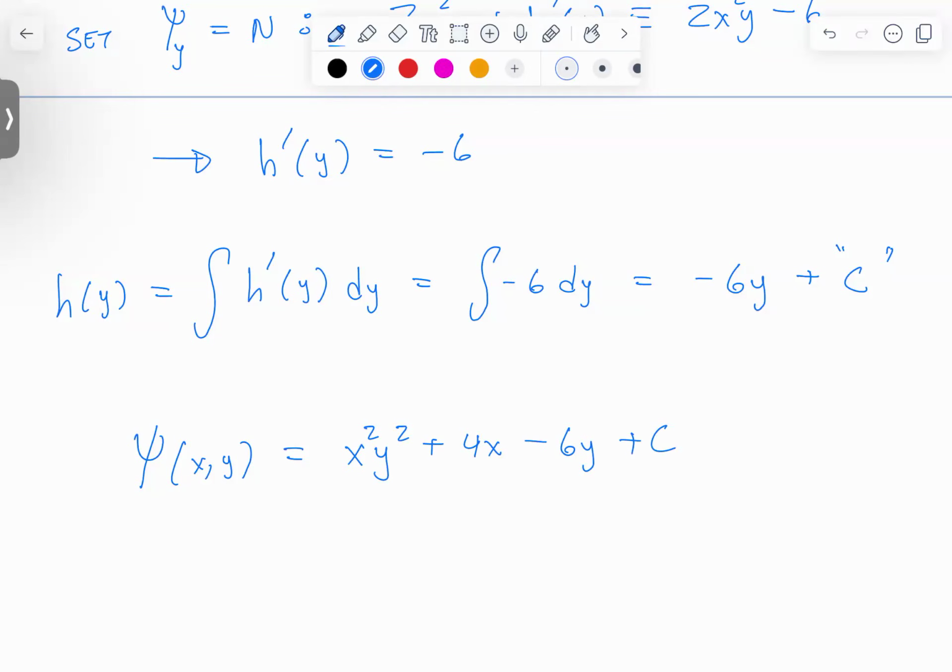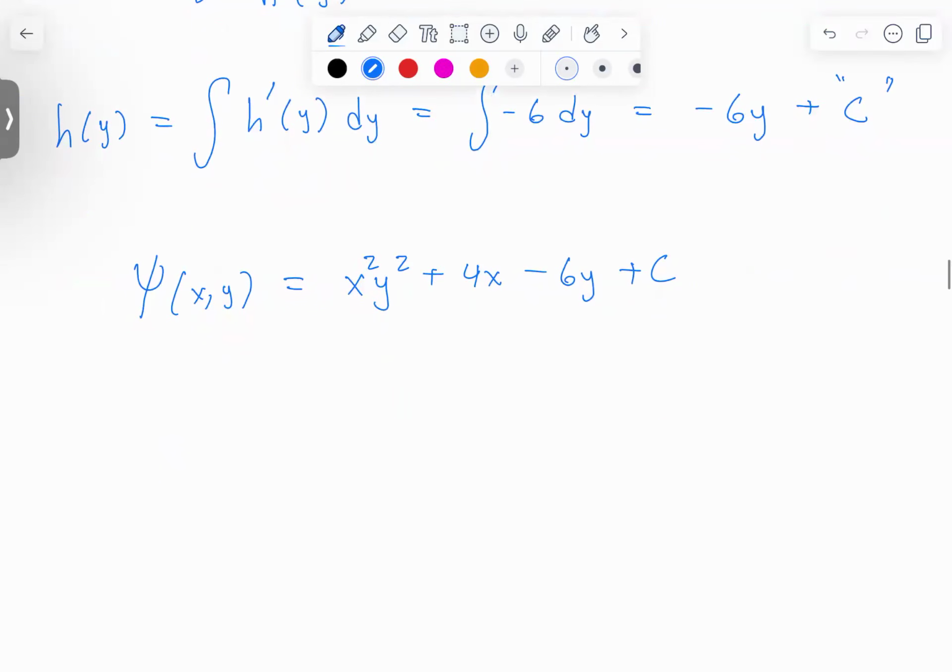But in the literal next step, I'm going to say the solution is this, because the differential equation is always equal to the constant.